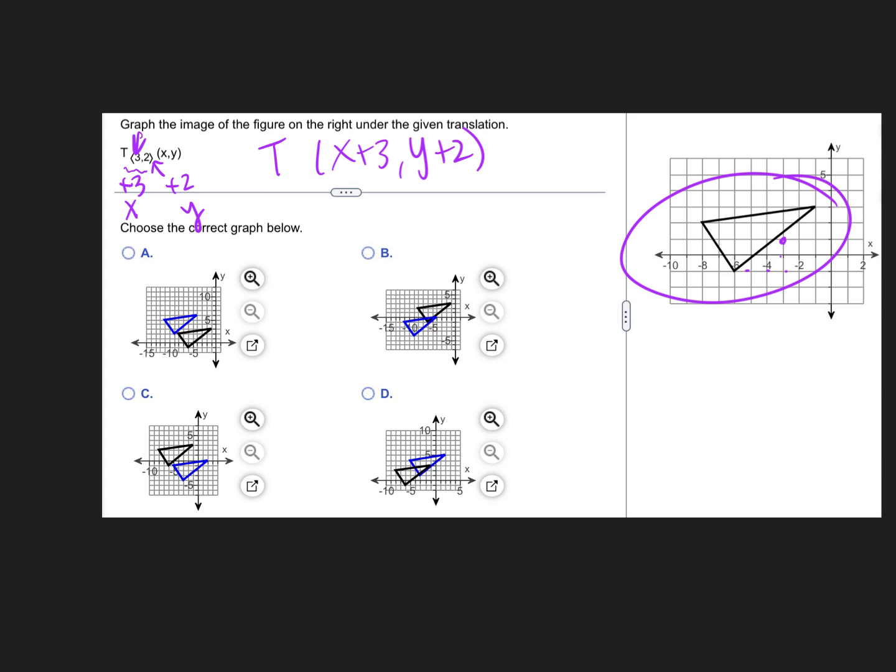Just kidding. I'm actually going to go with letter D now that I've looked at it. This looks more like what it would look like as far as that point down here. Let's call it A. A prime is above the x-axis. This looks like it would be below the x-axis. So I'm going to go with D as my actual choice.